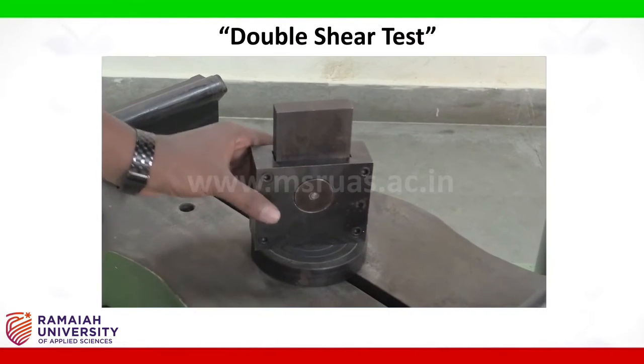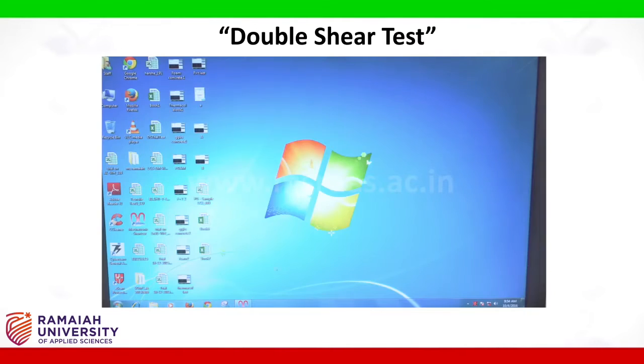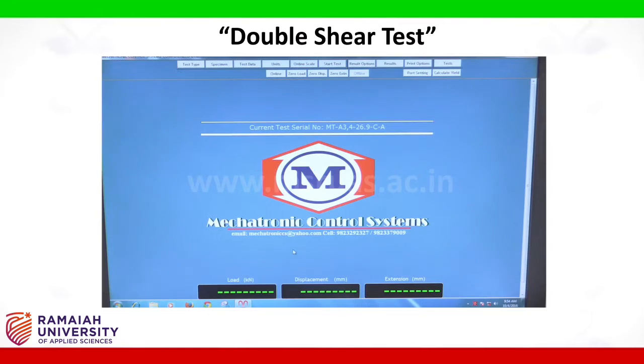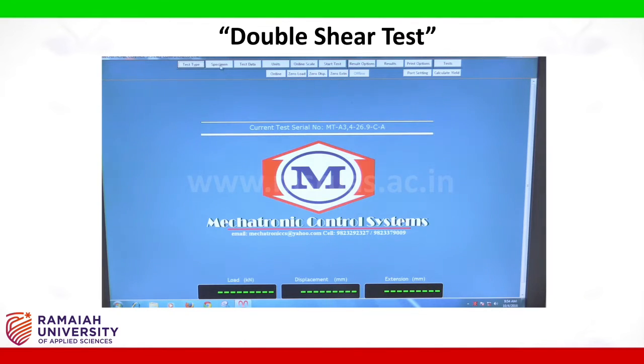After placing the specimen on the lower table of the universal testing machine, open the mechatronic control system. There you need to feed the test data. First, we have to select the test type. Since we are doing a double shear test, select double shear, then OK. Then next click on specimen. Here we have taken a round specimen, so select round.